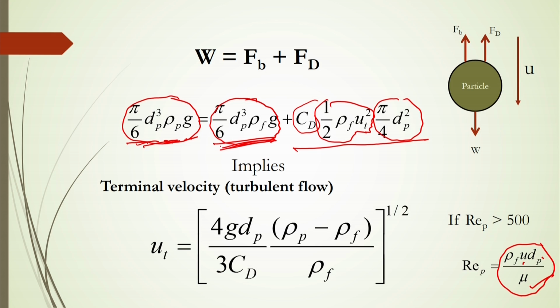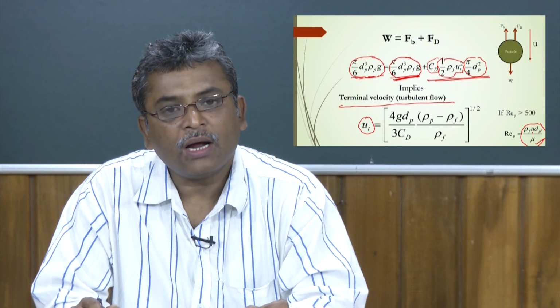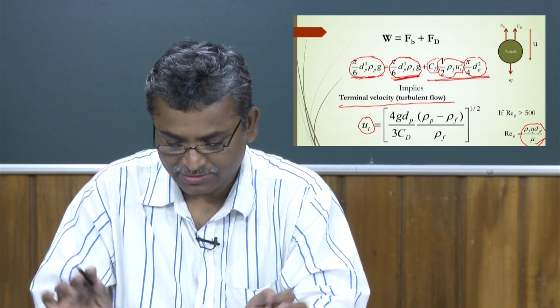This will be the buoyancy force, and the drag force under this condition of Rep greater than 500. After rearrangement and simplification, the terminal velocity at turbulent flow will be calculated as u t equals 4 g dp by 3 C d into rho p minus rho f divided by rho f, whole to the power half, that means a square root of this.